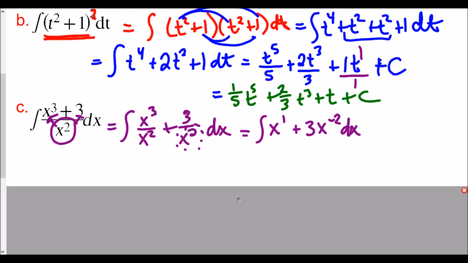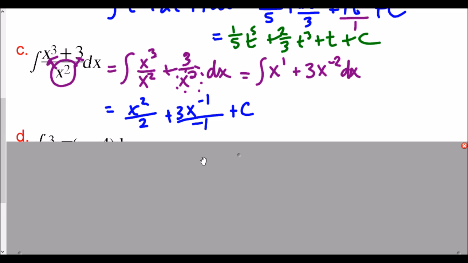And then we can integrate it, so we're ready to follow through with our rules. So when we do that, we have x squared over 2 plus 3x to the -1 over -1, because when we add 1 to -2, we get -1. And then we're done, so we have plus c.